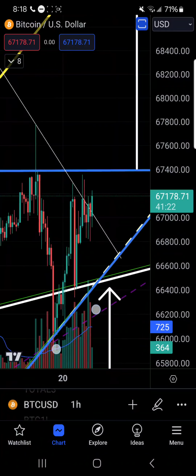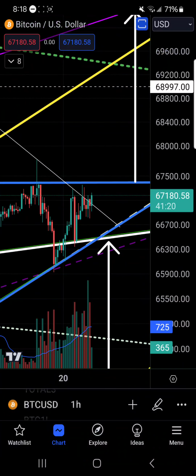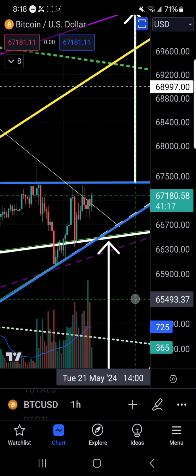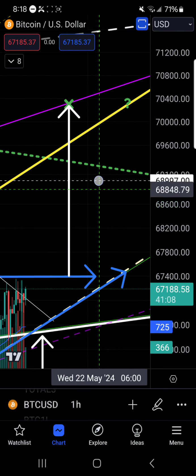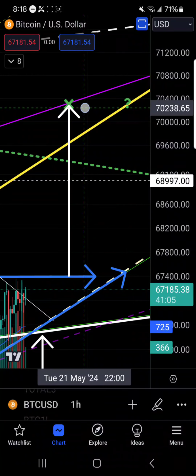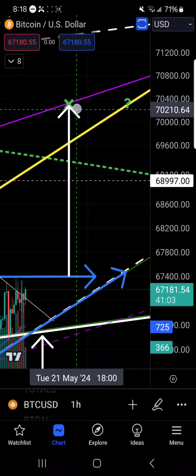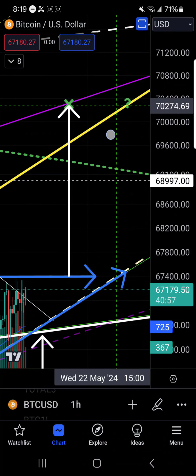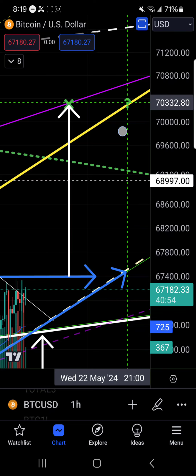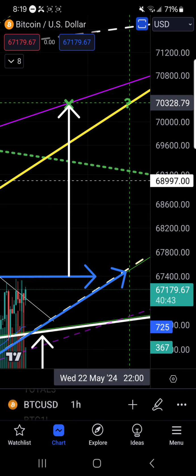So maybe we don't blast off from here today, but sometime tomorrow morning, we come up here, and I put a couple of estimates of targets here on that fuchsia line. Remember, it is a possible target early in the morning Tuesday, or probably more likely, I'm guessing, back up to the top of the channel that we're currently ranging in, sometime in the day on Wednesday.